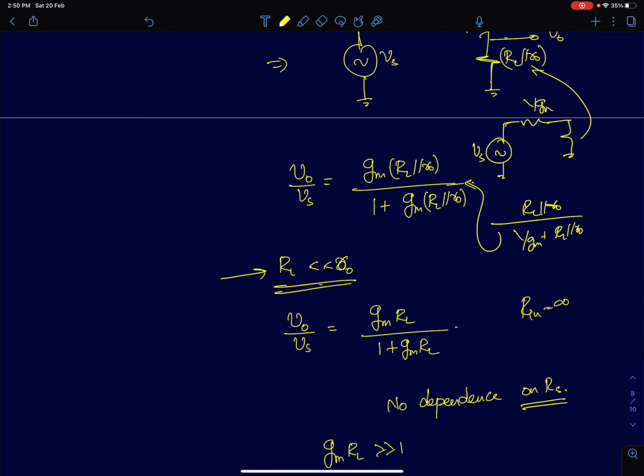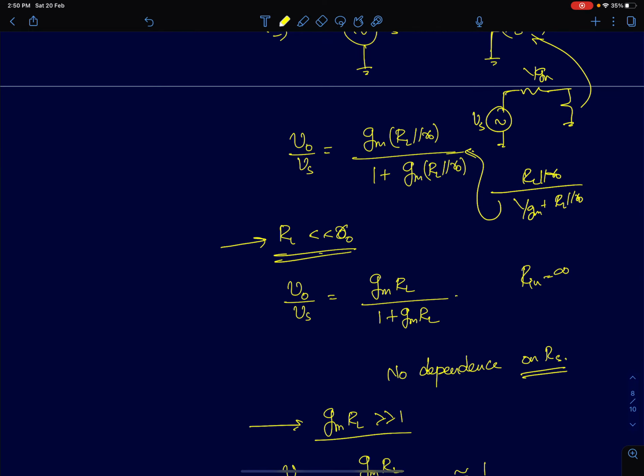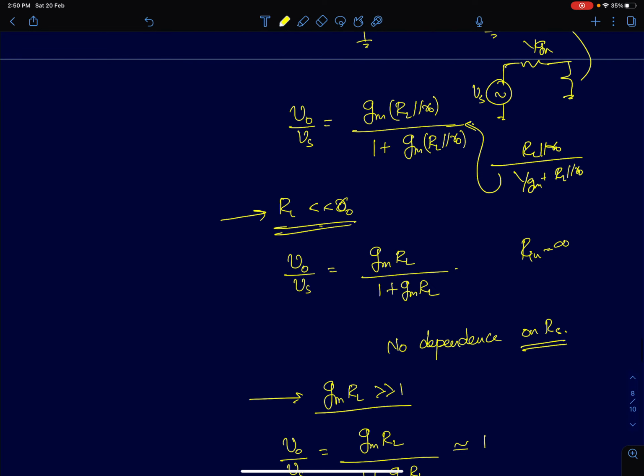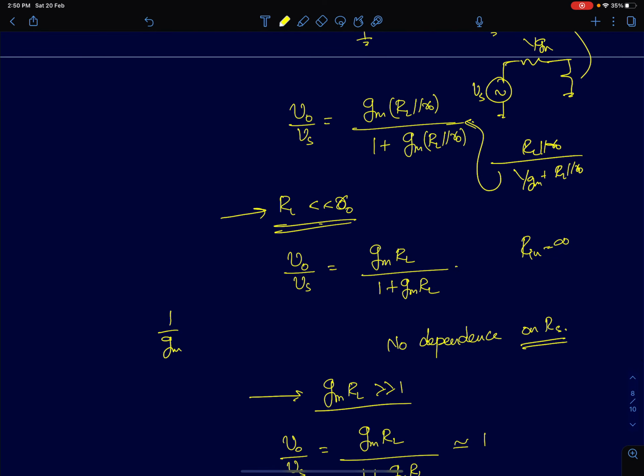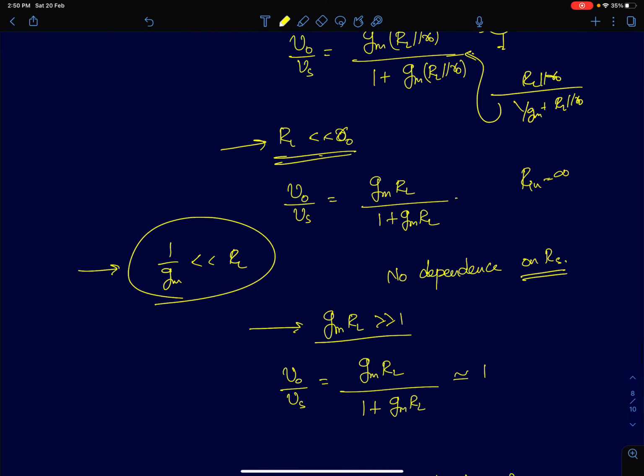The second thing is that if I choose GMRL to be much greater than 1, which means if I ensure that 1 by Gm is much smaller than RL, then GMRL is going to be much greater than 1, and this ratio GMRL by 1 plus GMRL will tend to 1, close to 1.